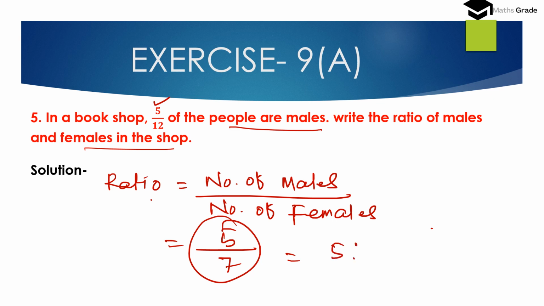So ratio of number of males to the number of females is 5:7. So 5:7 is the answer.